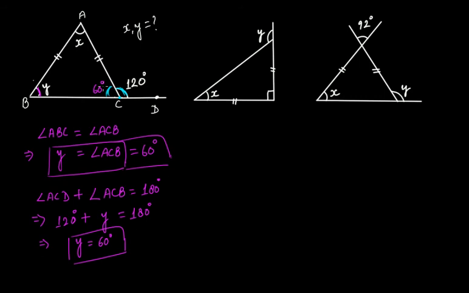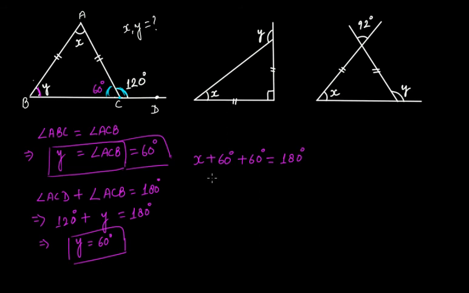Now, if we apply the angle sum property on this triangle, angle x plus this 60 degrees, because we calculated y is equal to angle ACB is equal to 60 degrees, plus since y is equal to 60 degrees, this will also be 60 degrees, is equal to 180 degrees.